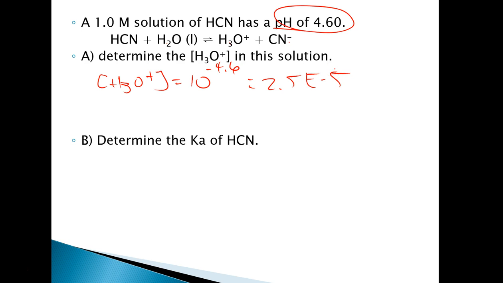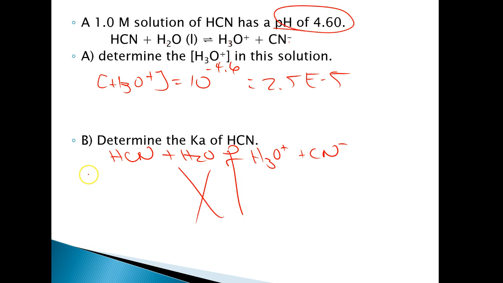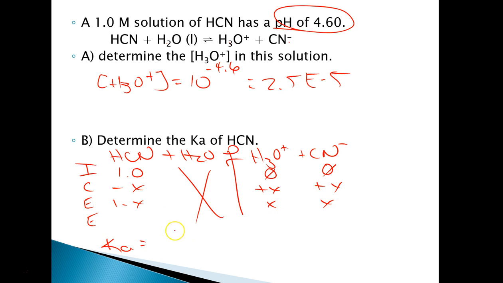That's the H3O plus. Now to find the Ka, I'm going to set up this reaction again. Big X here, ICE table. This is 1.0, 0, 0, minus x, plus x, 1 minus x, and x. The Ka is products, x squared, over 1 minus x.